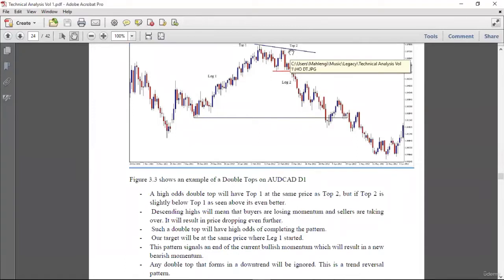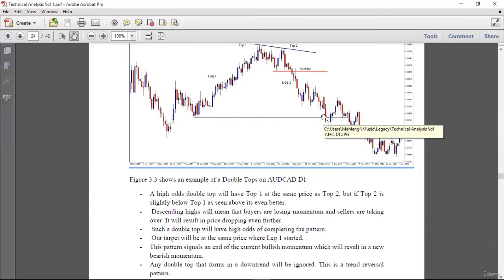Some would break the neckline and would not complete the pattern, because where do we see that the pattern has been completed? If it goes back to the value where this whole move started, then we say the pattern has been completed.